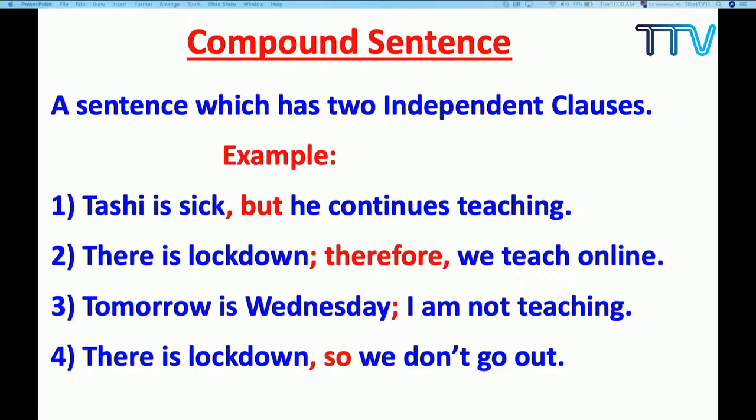Now this is a compound sentence. There is lockdown, therefore we teach online. Tomorrow is Wednesday, I'm not teaching. If you look at these sentences, these are all independent clauses. There is lockdown, so we don't go out.